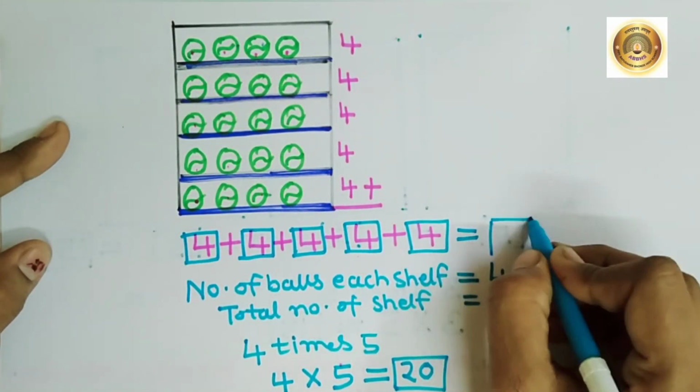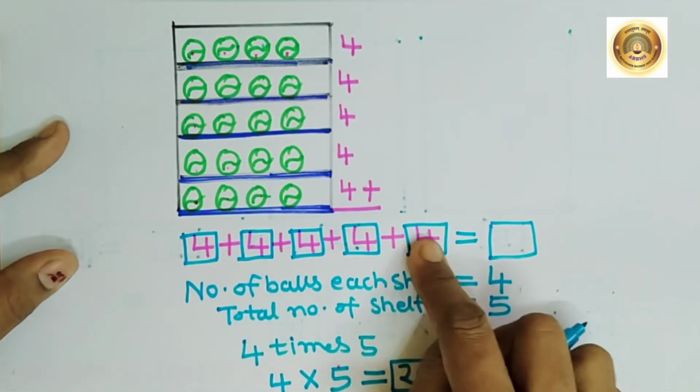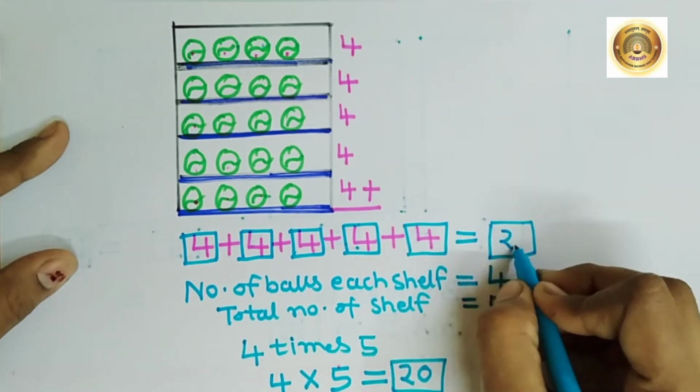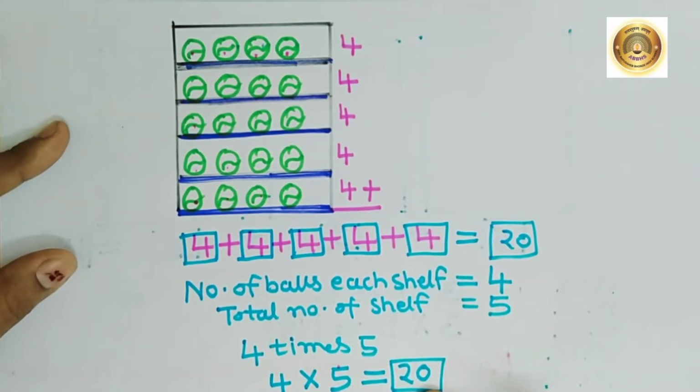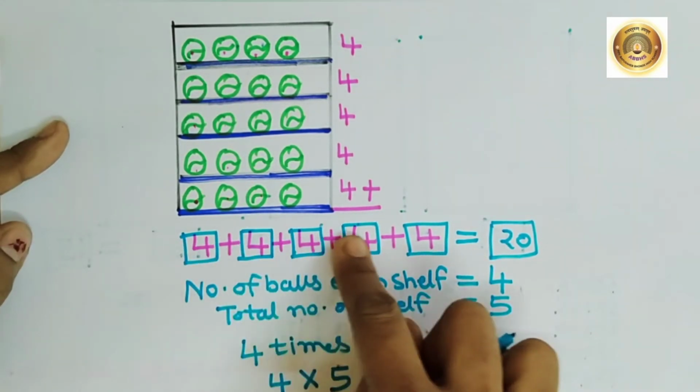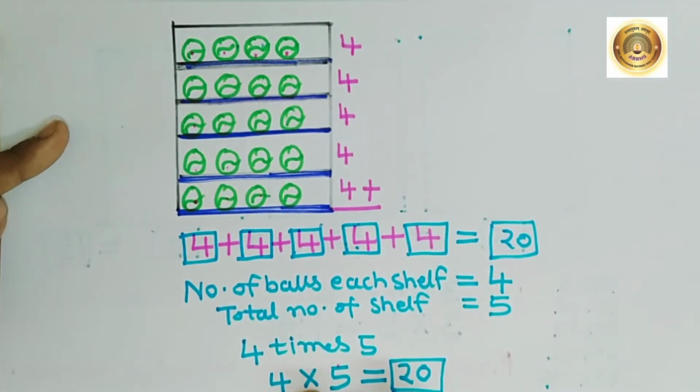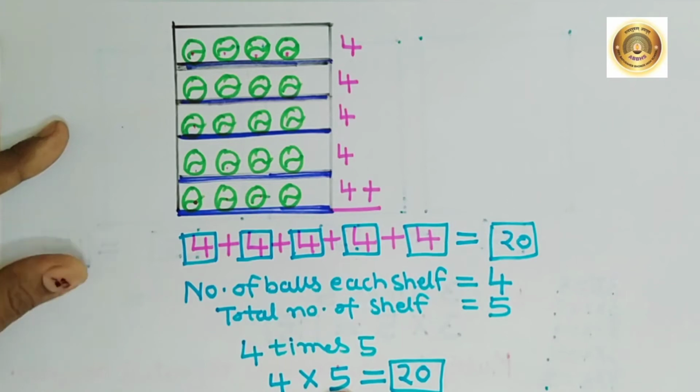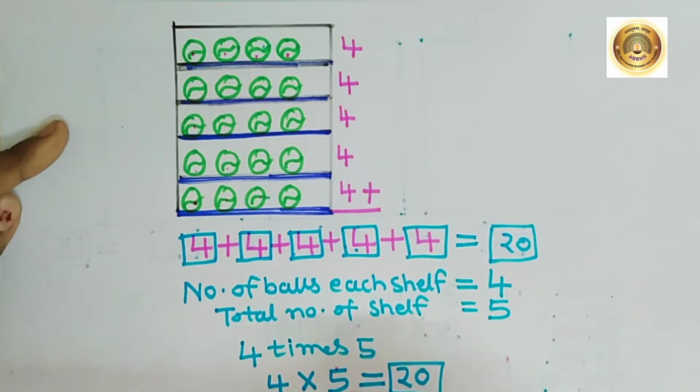So what will be the answer of this addition? It will be the same as this multiplication, because repeated addition means multiplication. If you want, instead of adding again and again, we save our time by doing multiplication.